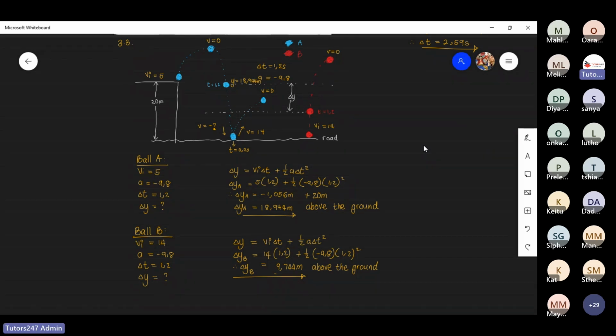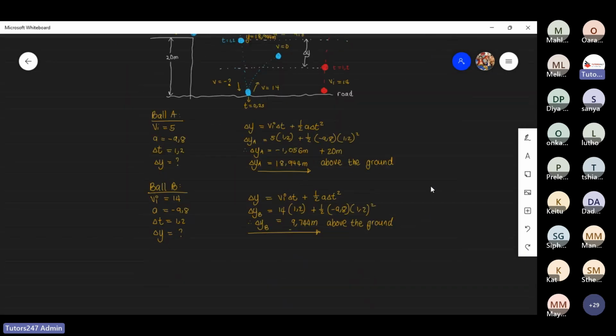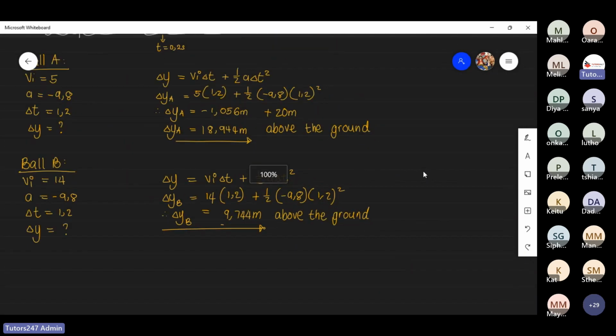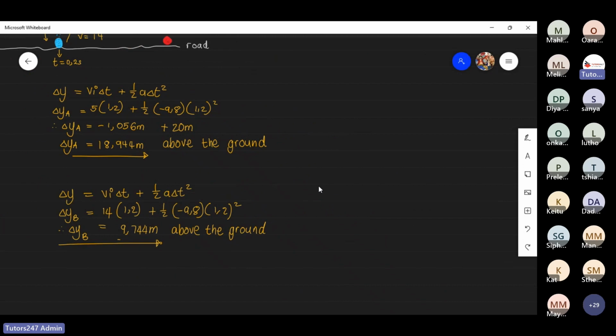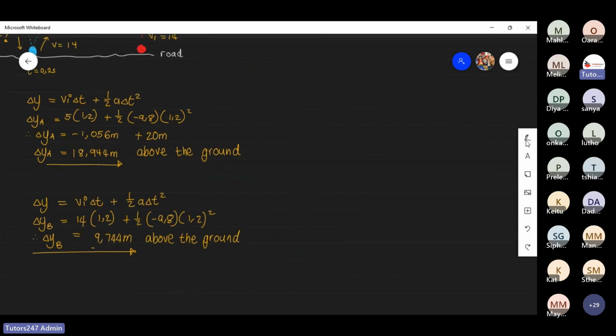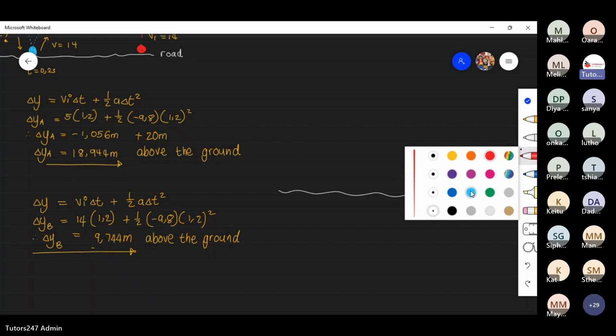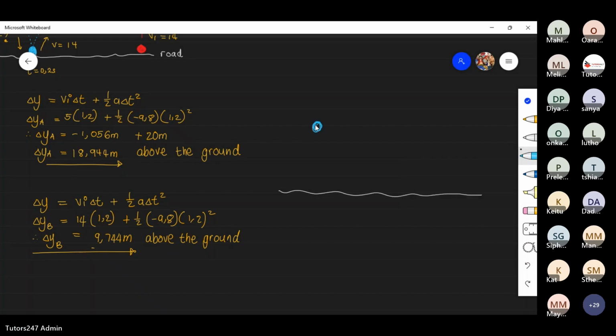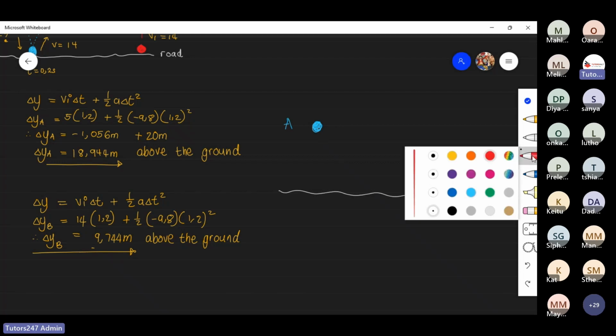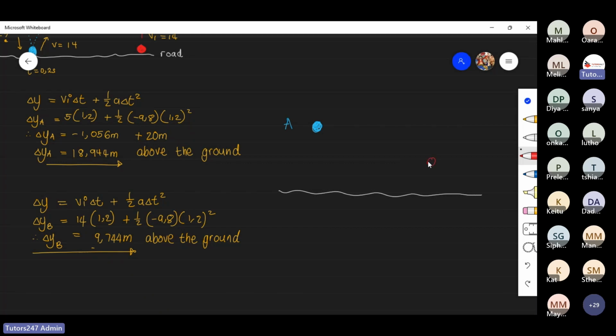So let us proceed. We now know that ball A has a height above the road of 18.944 meters. So if we draw this, here's our road, here's ball A, and here is ball B, which is 9.744 meters above the ground.